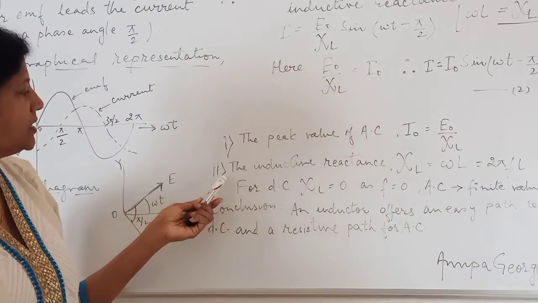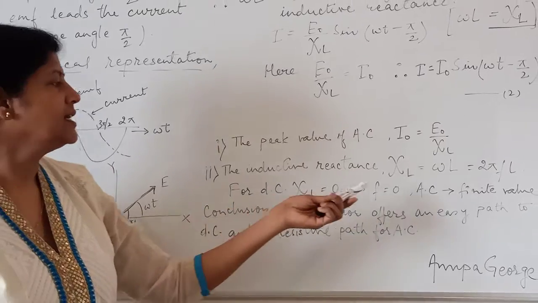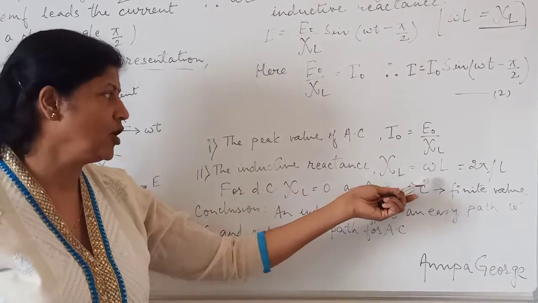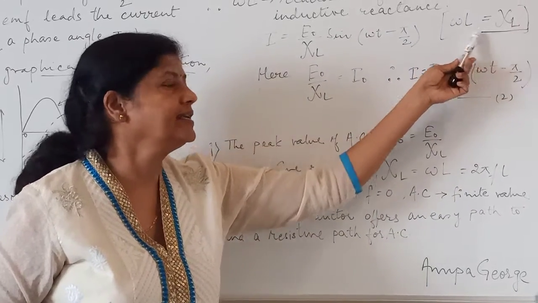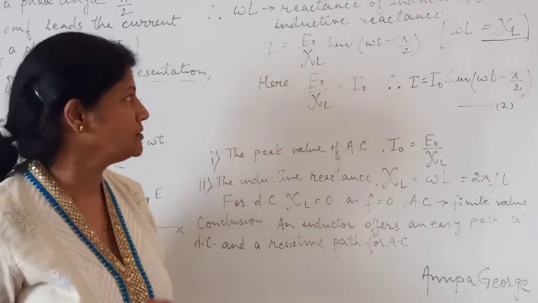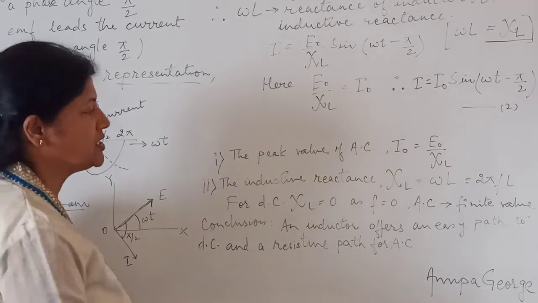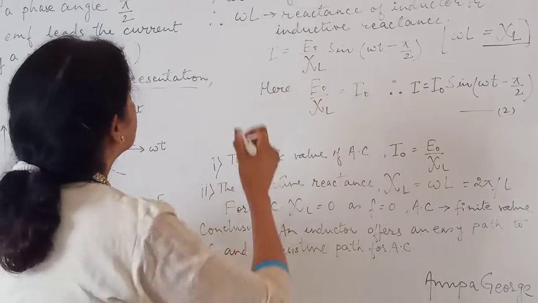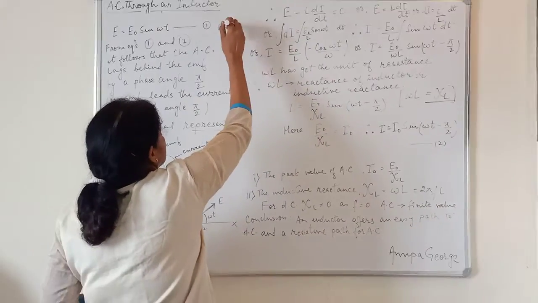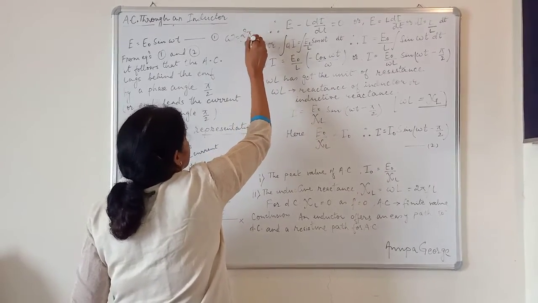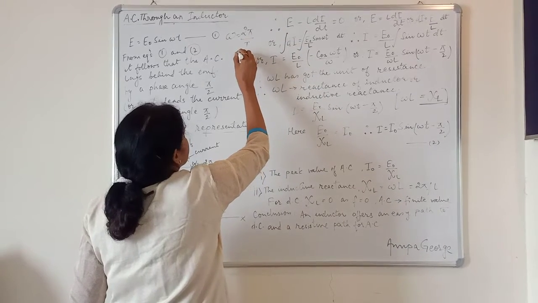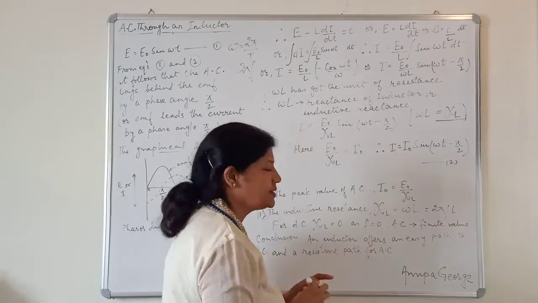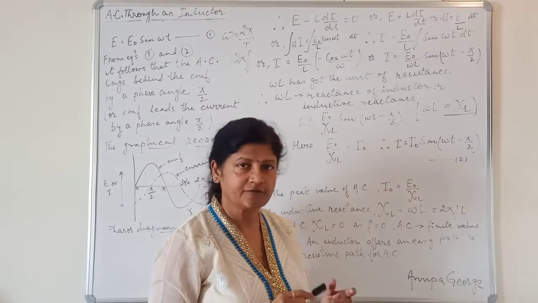And second, a very important point: we have considered X_L for omega L. Let X_L be the quantity omega L. We know that omega is 2 pi upon T, or we can write 2 pi F, since the reciprocal of time period is frequency.